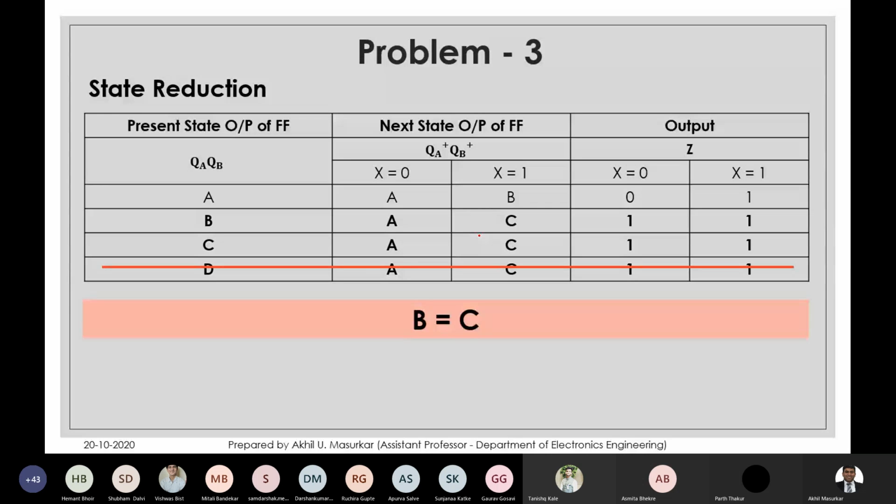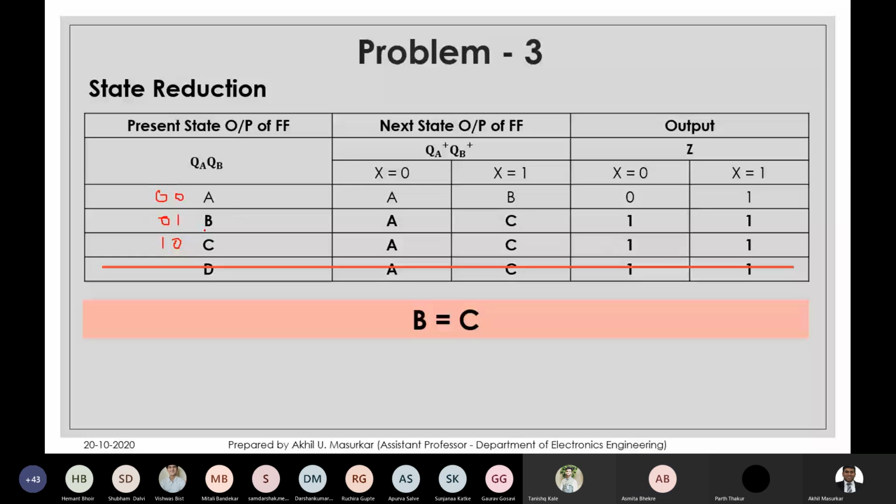Now, Asmita, just hold on. Out of B and C, which state should I eliminate, B or C? C, sir. Why C? Because we should always go for the highest bit value. This is 0 1 and this is 1 0.